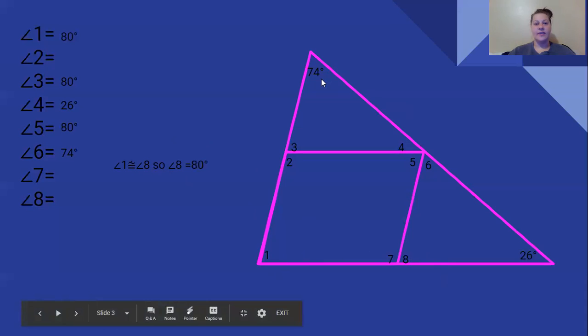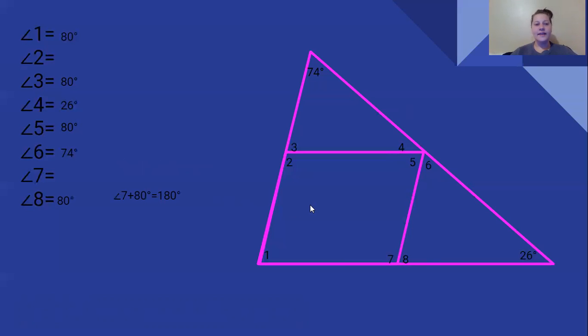We're subtracting 74, and we know that angle 6 now is 74 degrees. So we're subtracting 74 and 26 from 180, leaving us angle 8, which is 80 degrees. Now we are going to move on to angle 7.